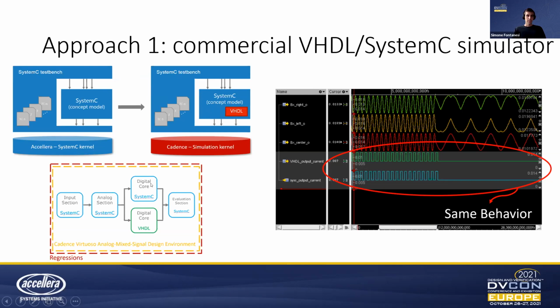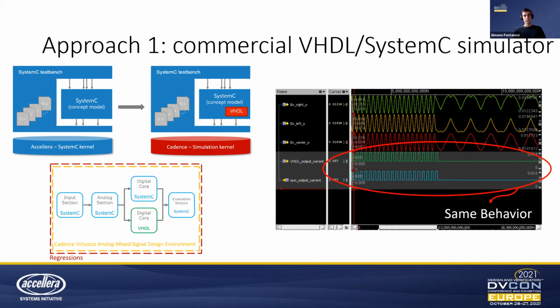And as you can see in the bottom picture, we also have the capability to co-simulate the two models, so that we can cross-validate the VHDL against our golden reference in SystemC, and check, given the same input stimuli, if the output shapes of the two descriptions are matching. As I said, this was where we started from some years ago.